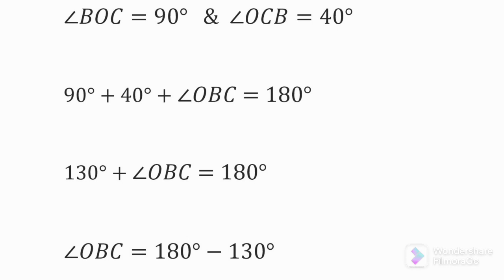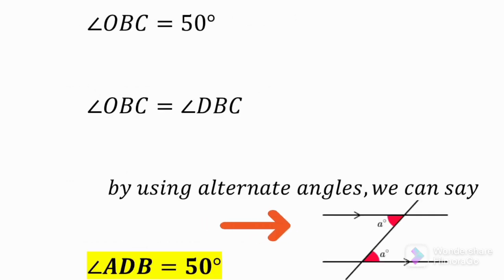Angle BOC is 90 and angle OCB is 40 degrees. Hence, 90 plus 40 plus angle OBC is equal to 180 degrees, or 130 plus angle OBC is equal to 180 degrees. Then angle OBC is equal to 180 minus 130, that is angle OBC is equal to 50 degrees.